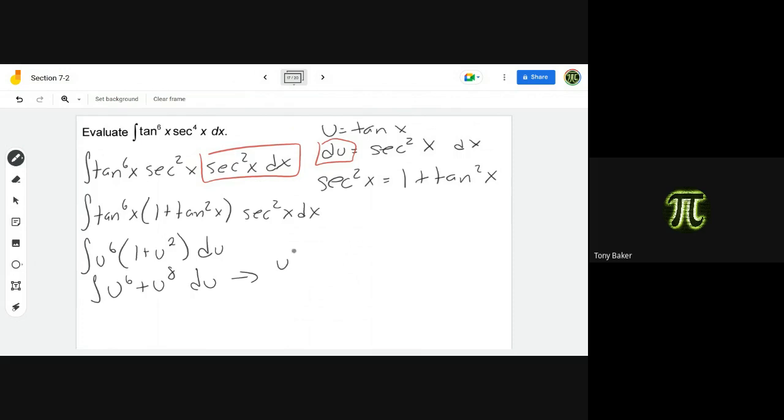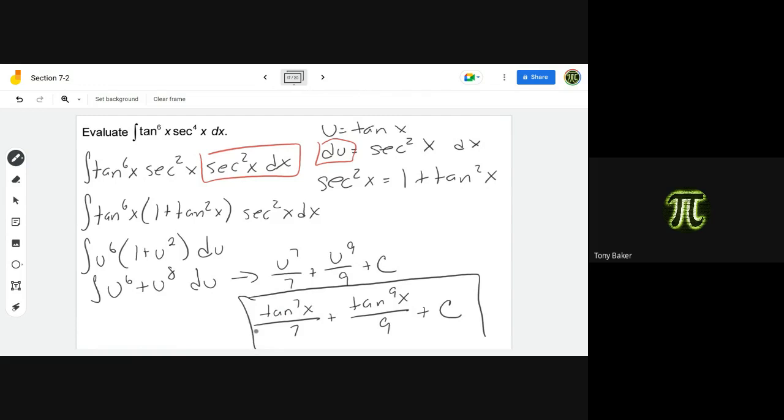So I got u to the 7th over 7 plus u to the 9th over 9 plus c. So then we switch back. So I got tangent to the 7th x over 7 plus tangent to the 9th x over 9 plus c. And after the last problem, that one looks simple.